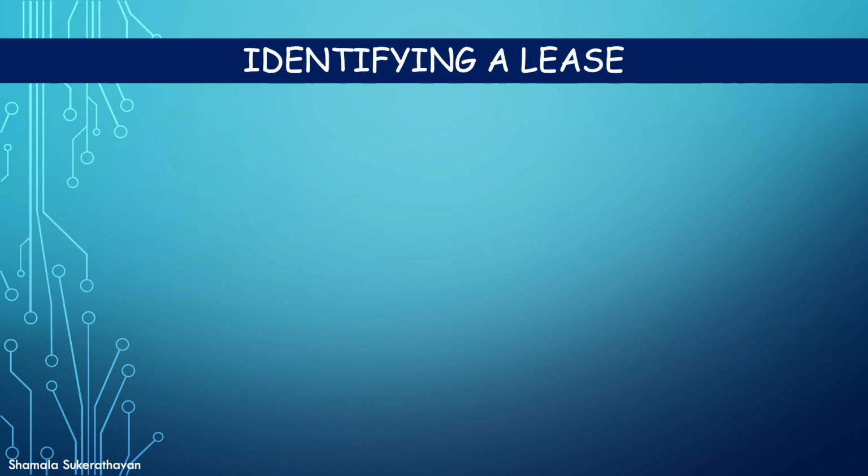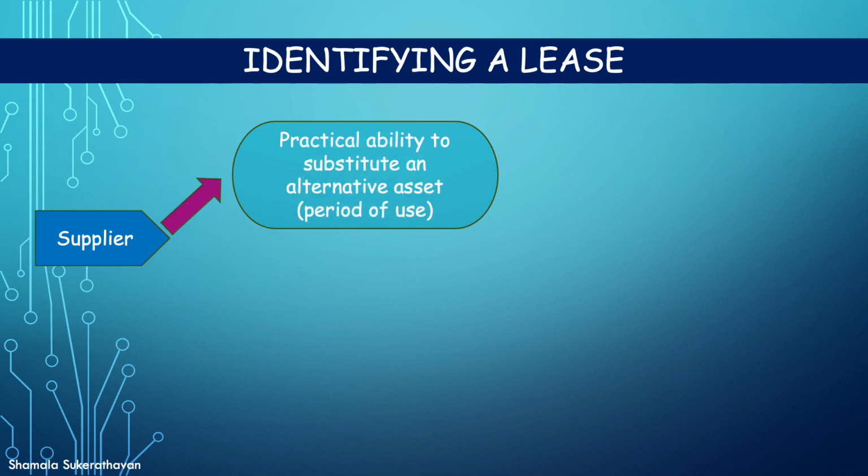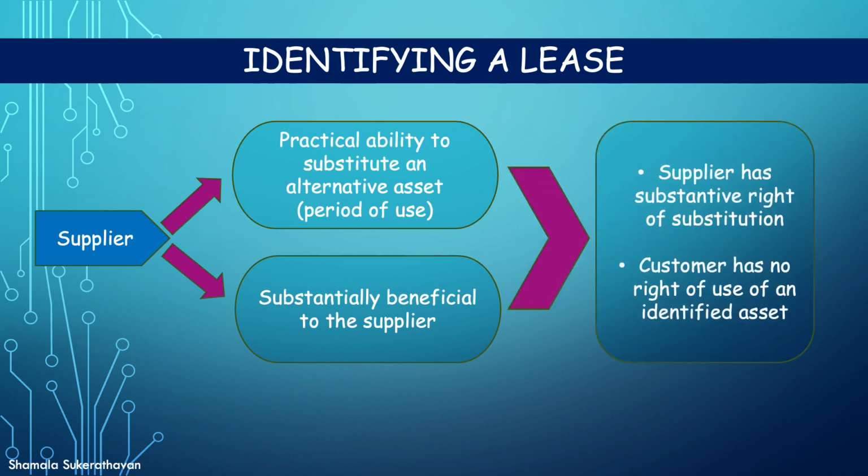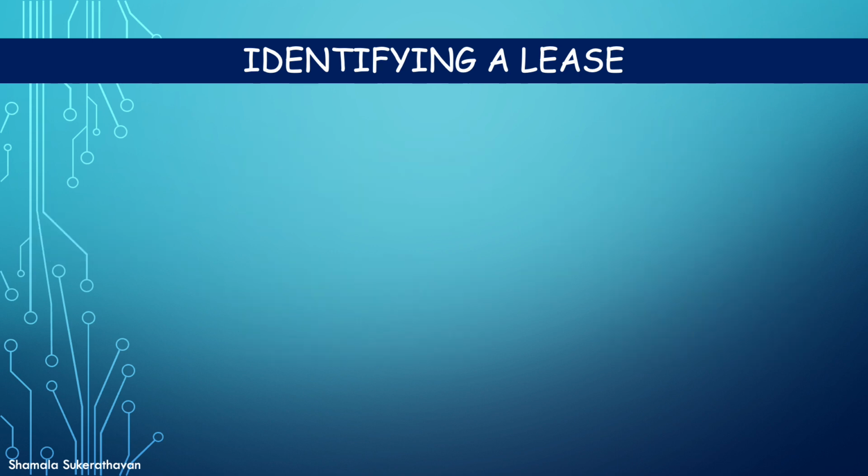According to IFRS 16, if the supplier has both the practical ability to substitute an alternative asset throughout the period of use, and it would be substantially beneficial to the supplier, this indicates the supplier has substantive right of substitution, and therefore the customer does not have the right to use an identified asset.